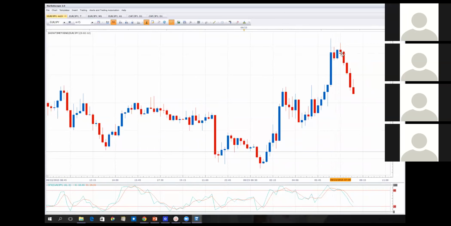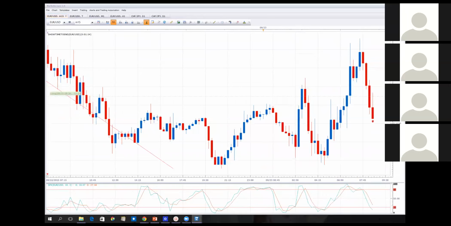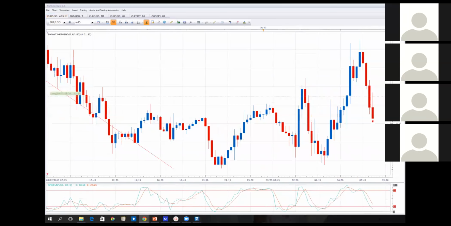MT on a 15-minute time frame. You can choose, basically you have the euro yen, of course, euro against the dollar. But you need to find out too, it's the dollar index.